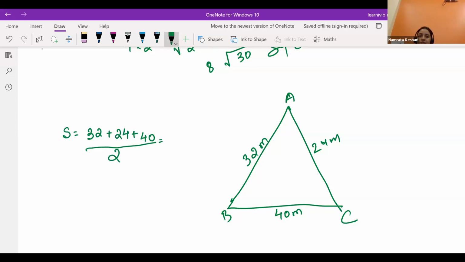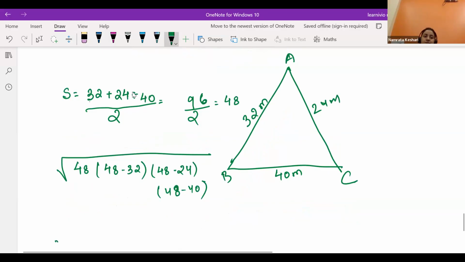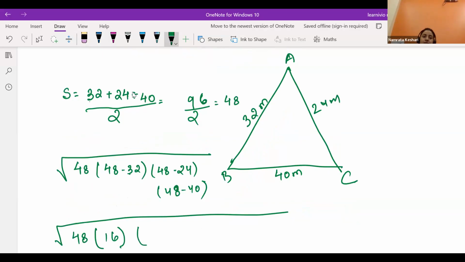I'm sorry. 5, 6. Ma'am, it's not 128, it's 256 root 3.